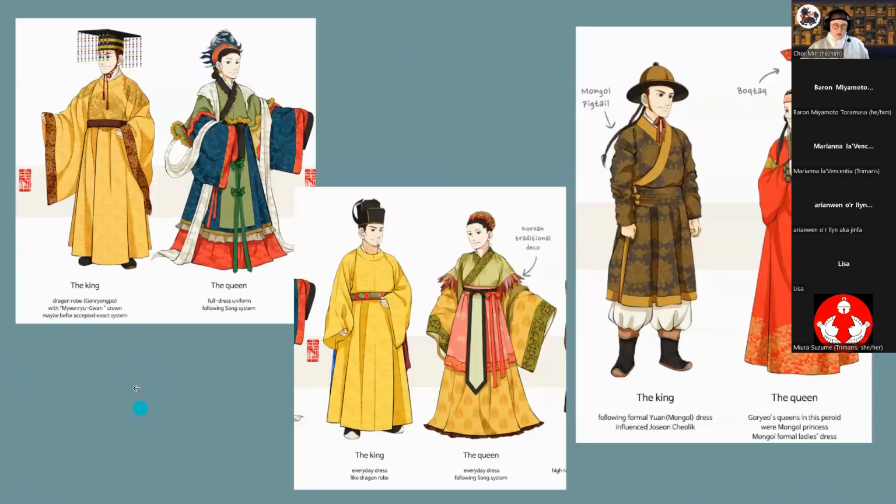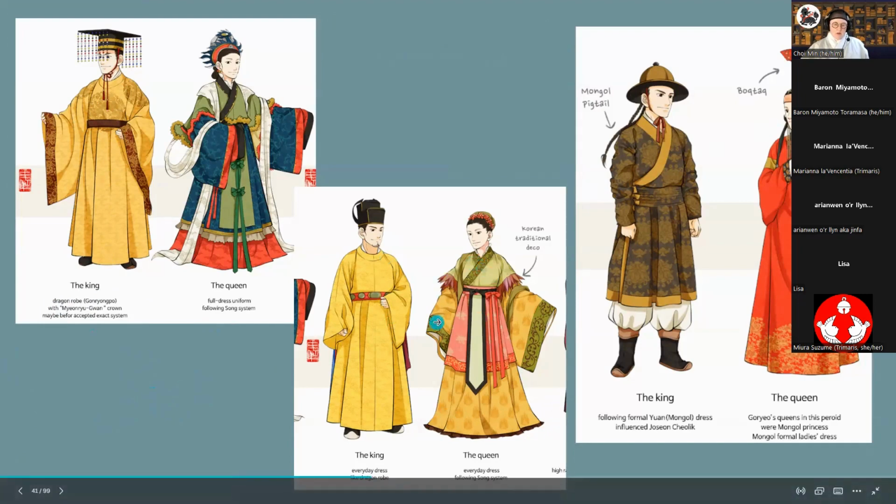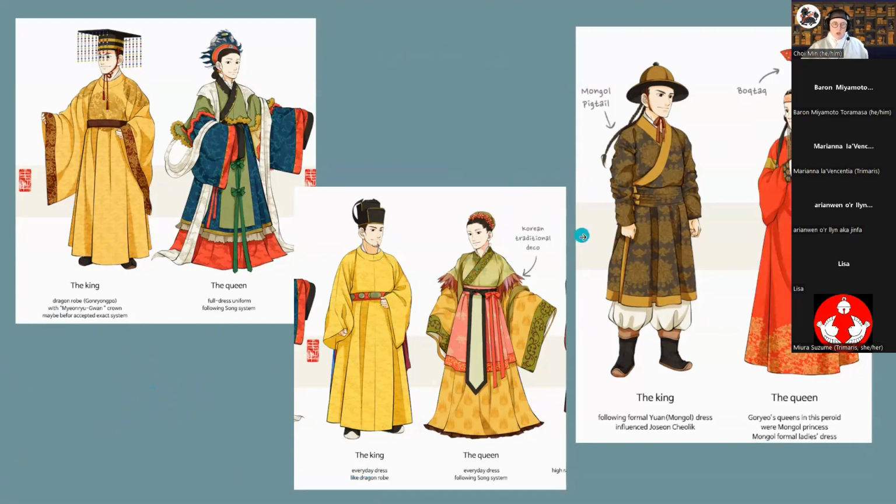Here are some artistic interpretations by an artist named Glimja, and you've probably seen her stuff float around. She does a lot of art with Korean stuff. It's still art, and a lot of people make literal reproductions based on her art alone.